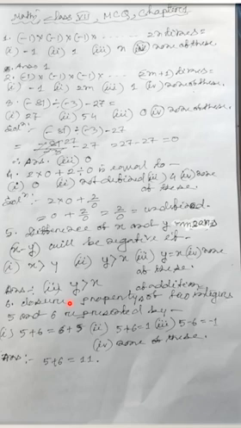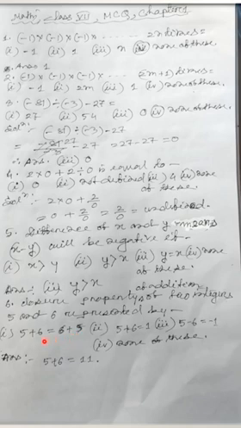Now, the closure property of addition of two integers 5 and 6 is represented by which one? 5 plus 4, 5 plus 6 equals 6 plus 5.